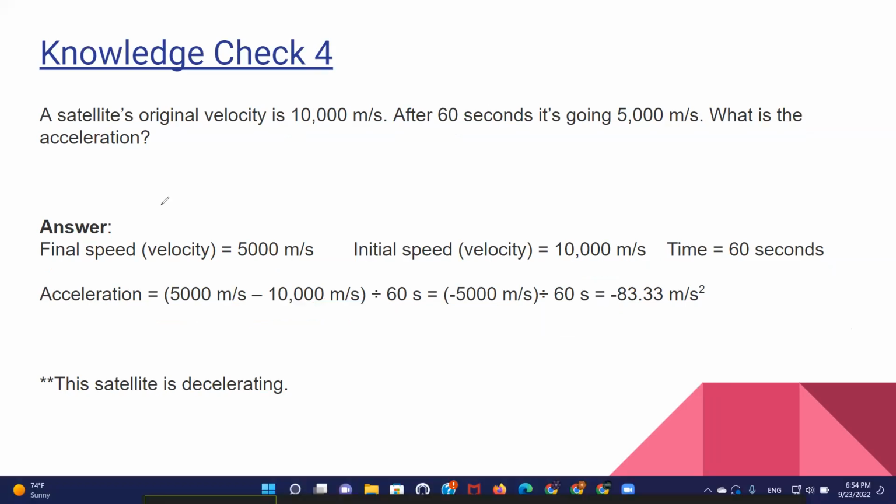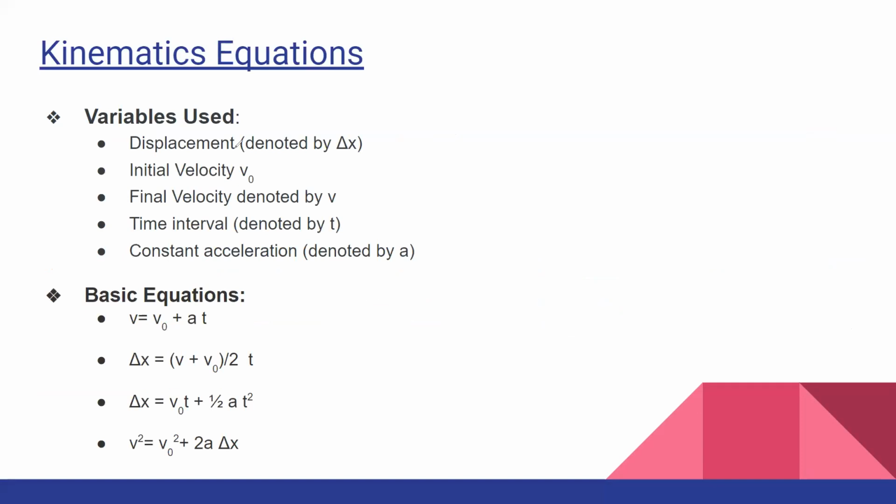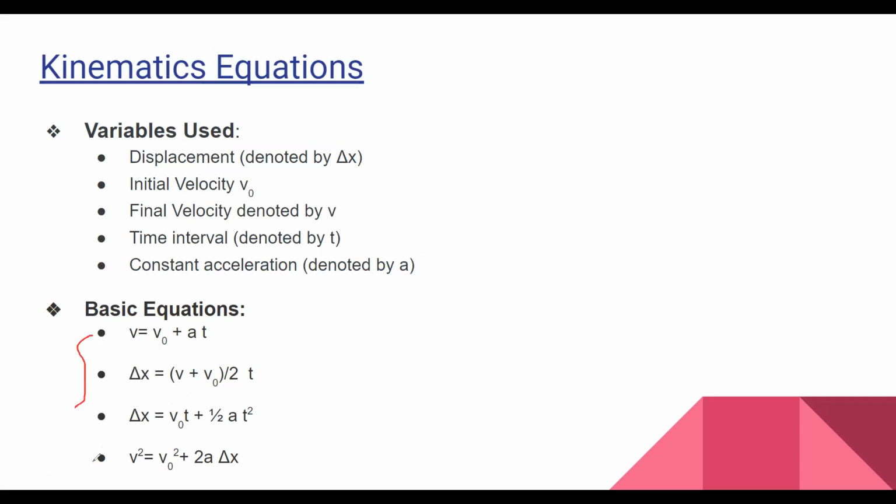You can use our newfound knowledge of velocity, acceleration, and time, and we can define some basic equations that relate these three. When you're taking your physics class, these are basically the equations that will come up a lot.